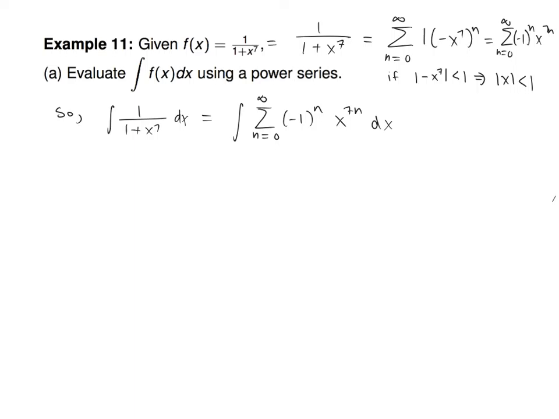Okay. Now, can you integrate x to the 7n? Yes, you can. X to the 7n plus 1? Exactly. And technically there is a plus c, which you can't figure out because you don't know what the original function is.